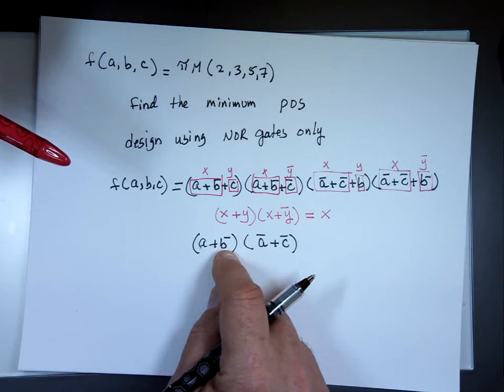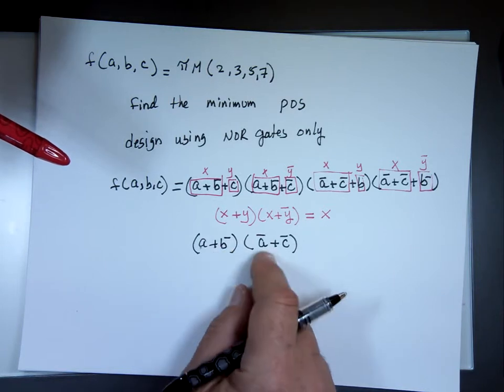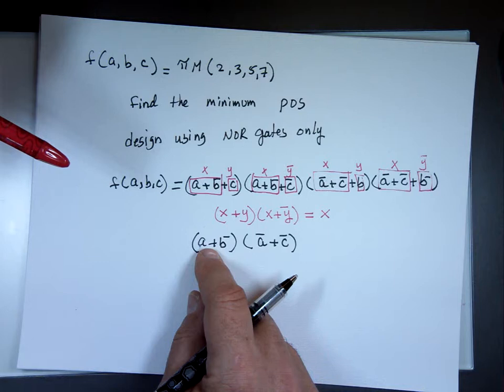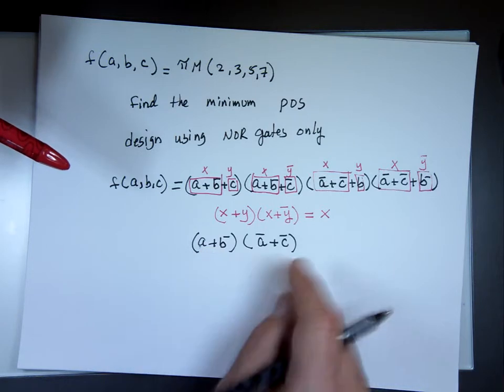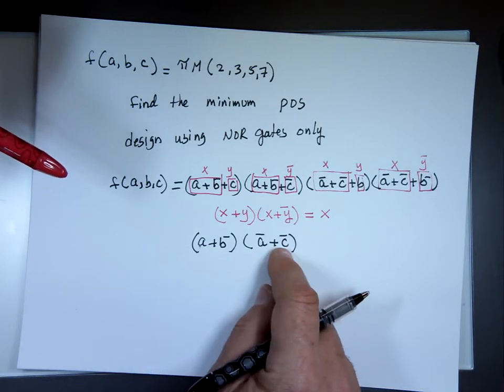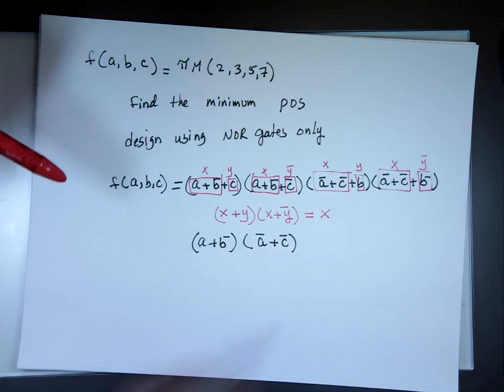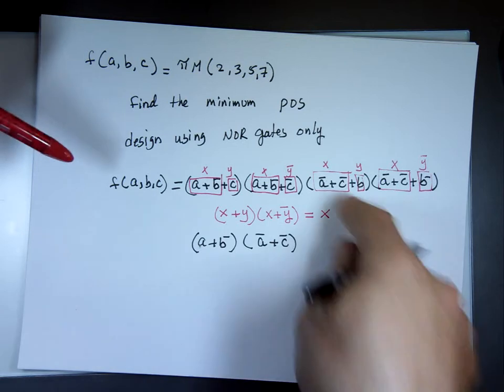No, A bar plus C bar like it is. Would you be able to flip that around and have Y be A bar plus C bar, because they're both complements, if this was B bar? Yes. I'm looking at the right expression on the top. The right one, yes.